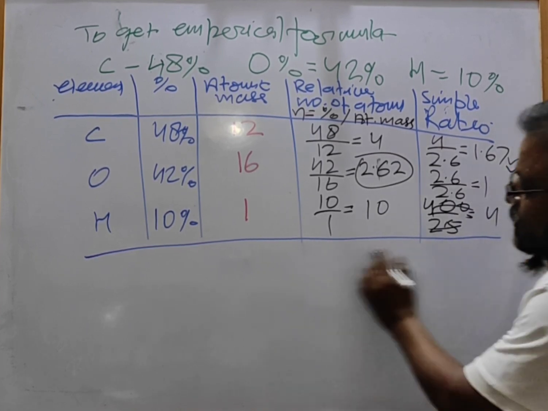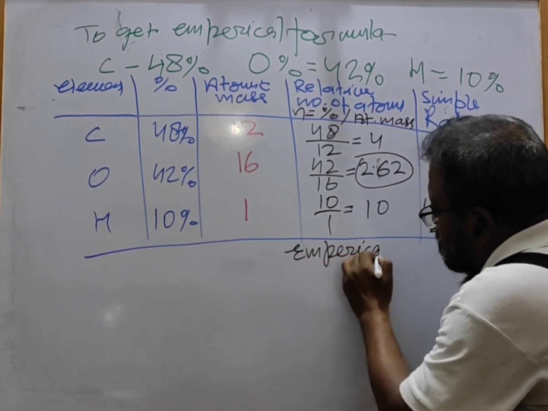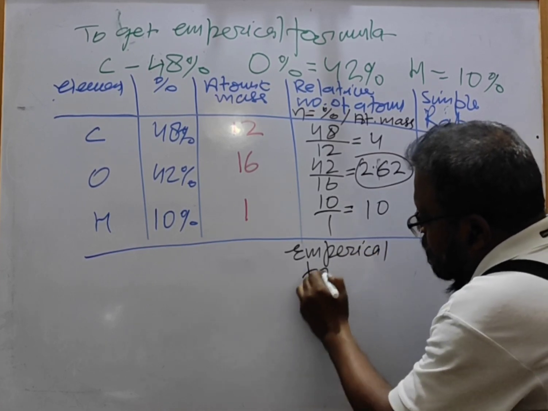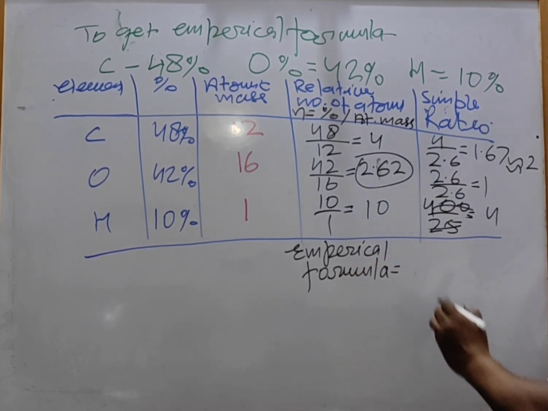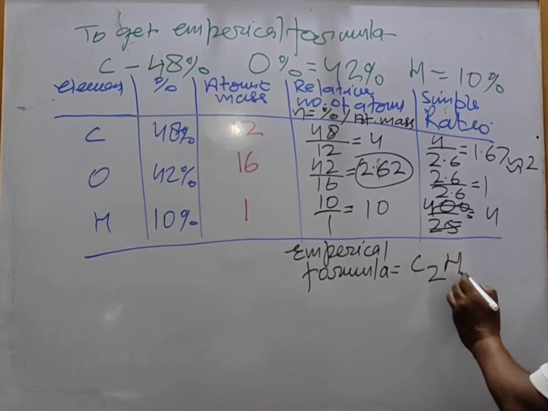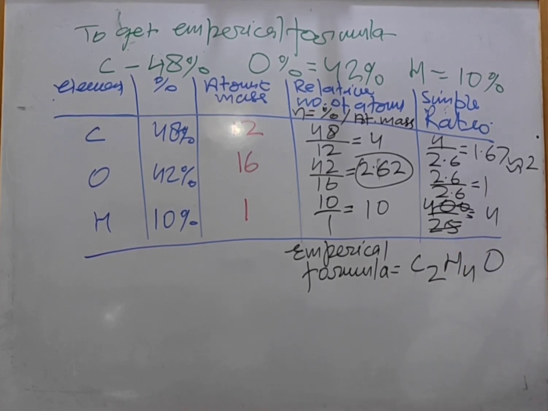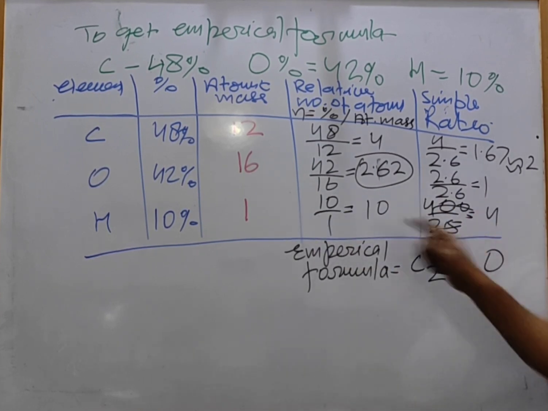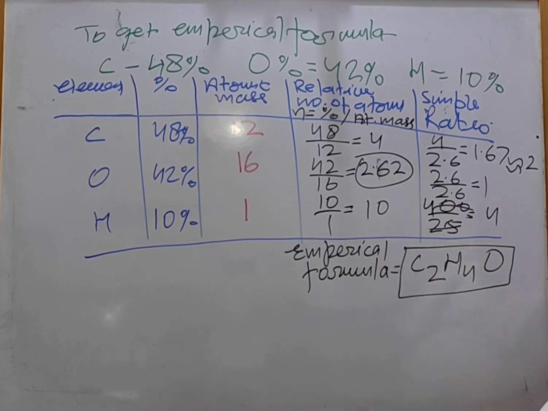So empirical formula is equal to C2H4O, right? This is empirical formula. 2 is for C, 4 for H, and for O 1.